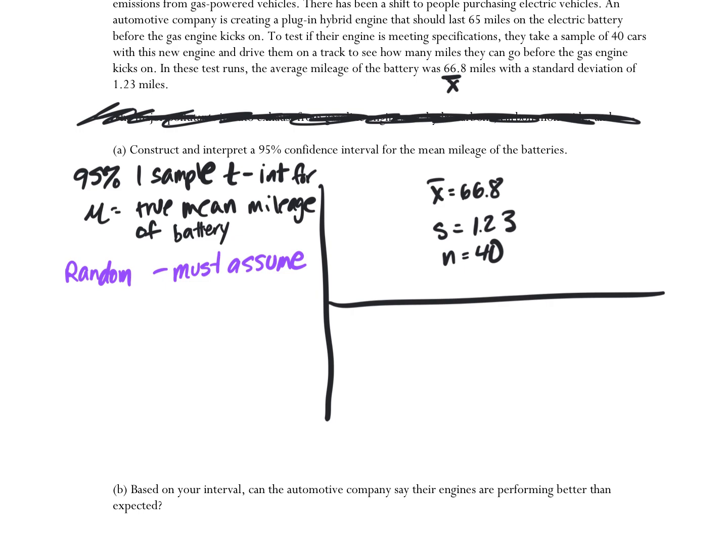Now, I'm not telling you that the College Board won't give you a question where the conditions are intentionally unmet. But when they do that, they don't say construct and interpret an interval. It'll be like a part A, part B, part C question, and they'll say, explain why it would be unwise to move forward with an interval. So if they do it intentionally, they're going to ask you why you shouldn't.